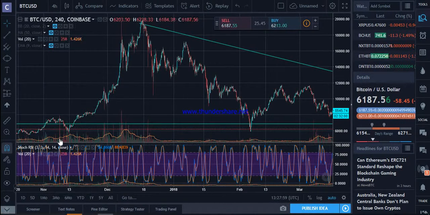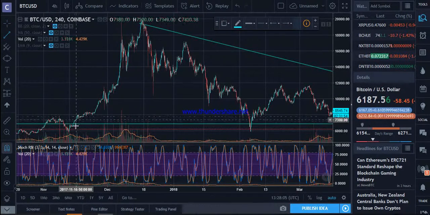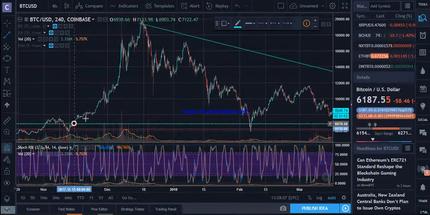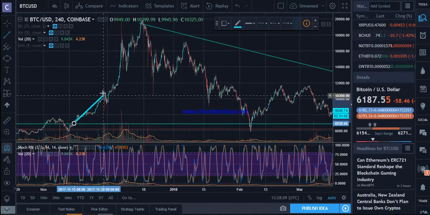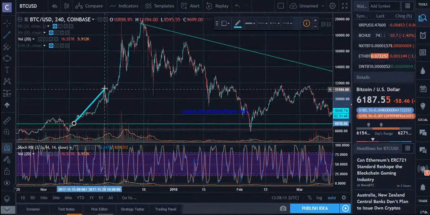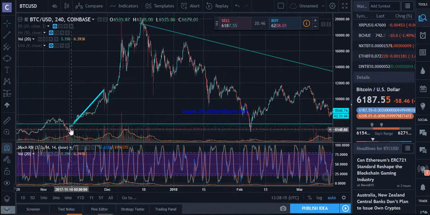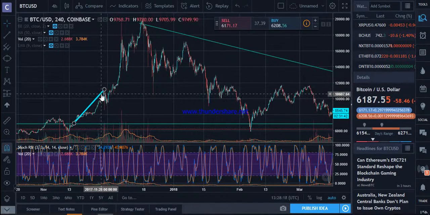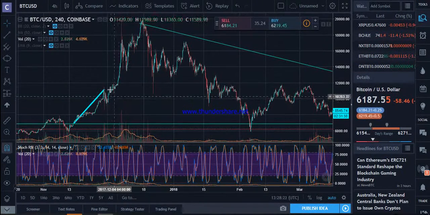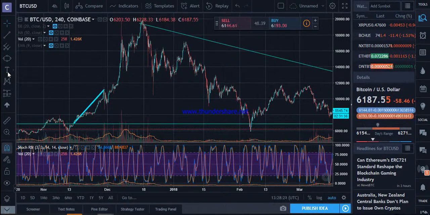So you realize that the trade actually started from here, and we move from here up to here, exactly here. So we can take this whole thing as a wave one, and we identify this as well as wave one.